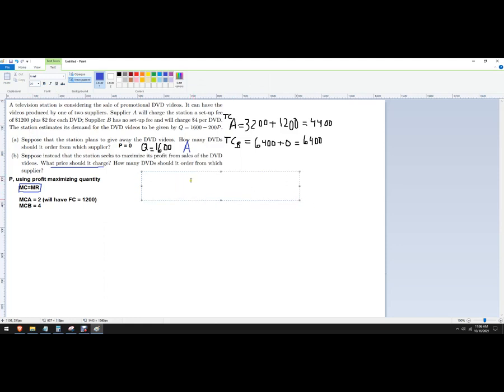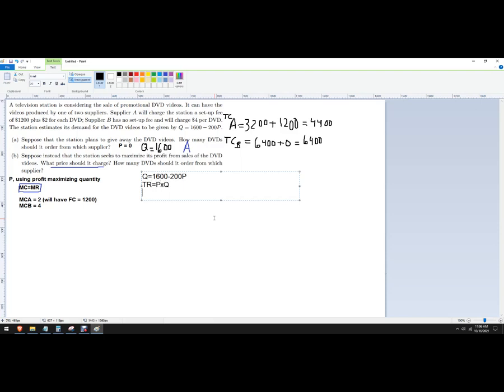So I need to rearrange the demand curve, and I've already got quantity. So this is our demand curve, 1,600 minus 200p. I want to rearrange it so that I can get price by itself, and then multiply that by quantity. That'll give us total revenue. So total revenue is going to be price times quantity.